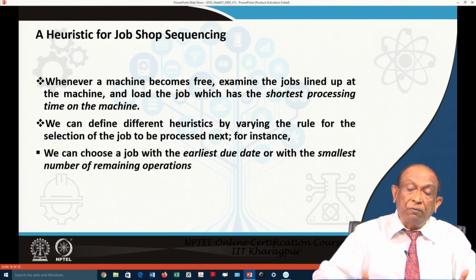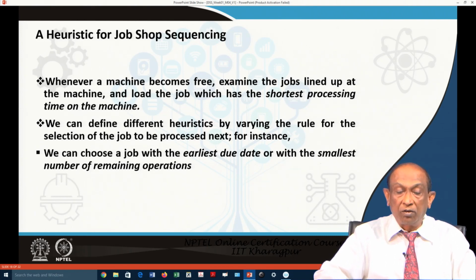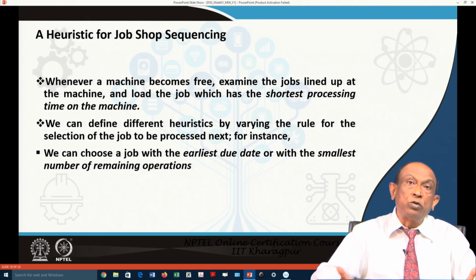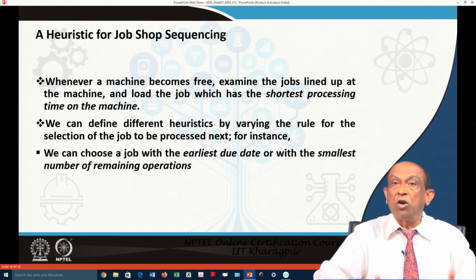We can define different heuristics by varying the rule for the selection of the job to be processed next. For example, we can choose a job with the earliest due date or with the smallest number of remaining operations.